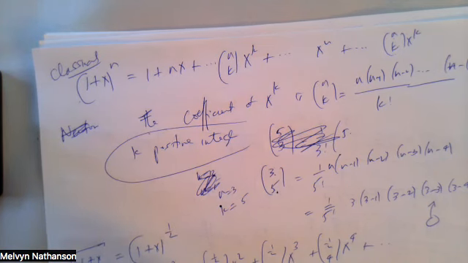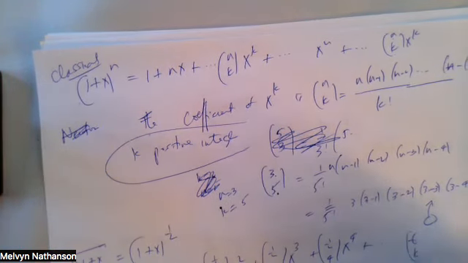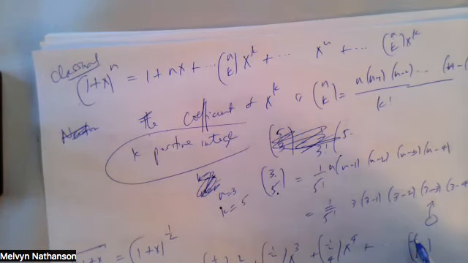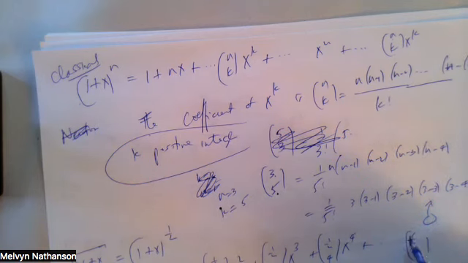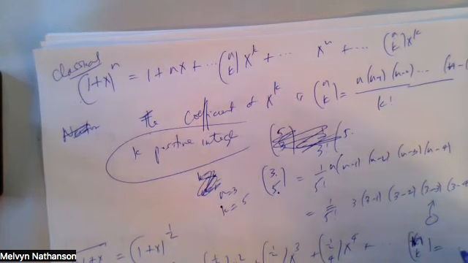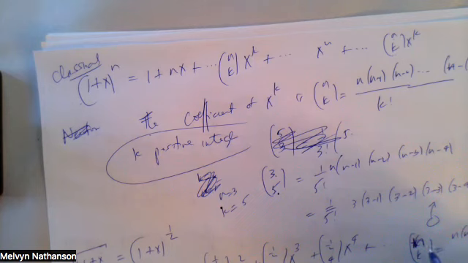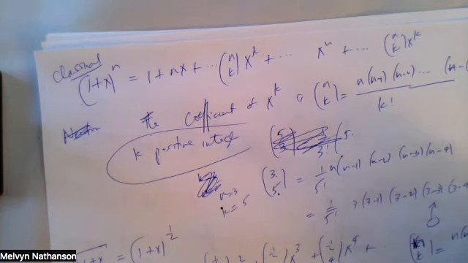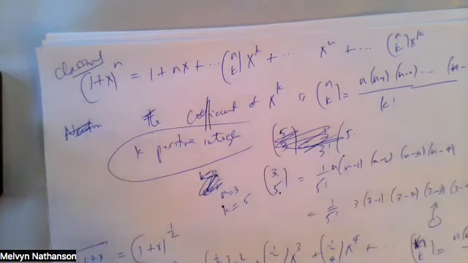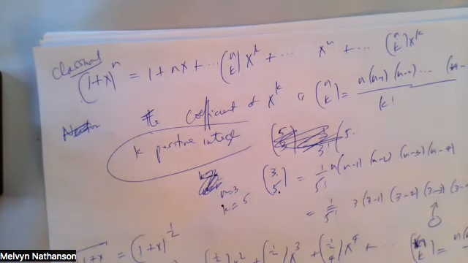What are these coefficients? Remember, the formula is n choose k. You have k terms in the numerator, starting with n and going down by 1, to n minus k plus 1, over k factorial.